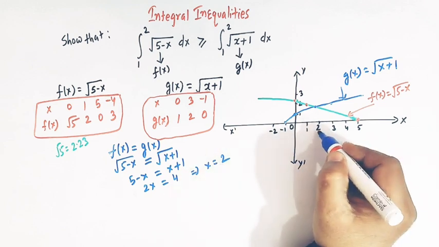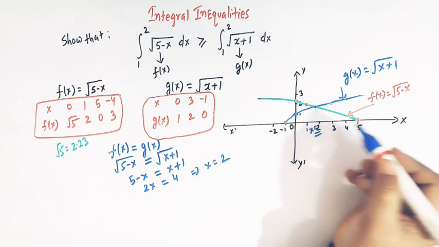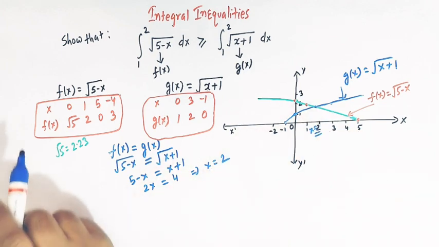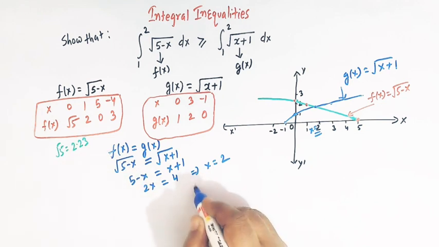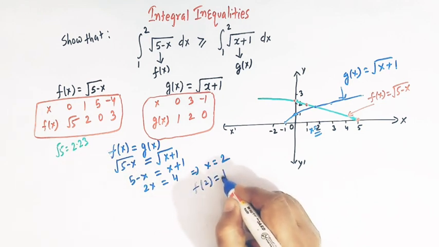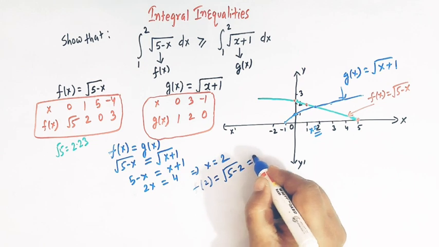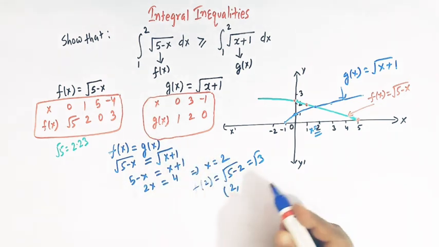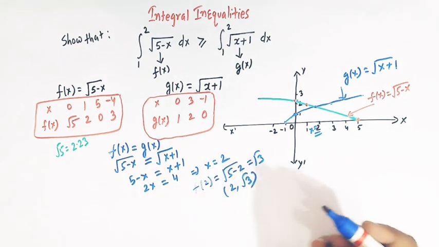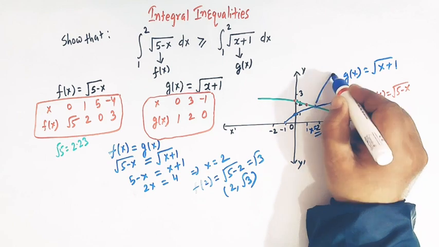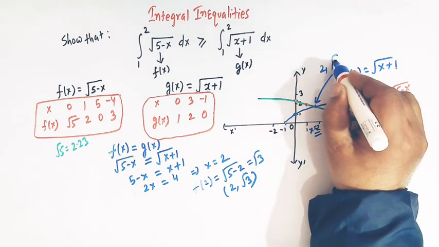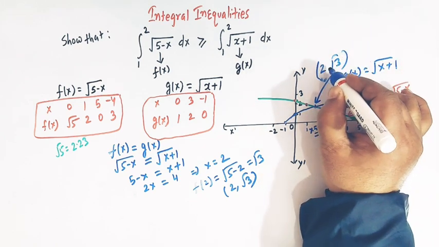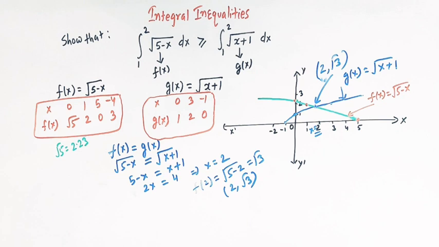When x is 2, the y coordinate is f of 2, which is square root of 5 minus 2, that is square root of 3. So the point of intersection is 2 comma square root of 3.